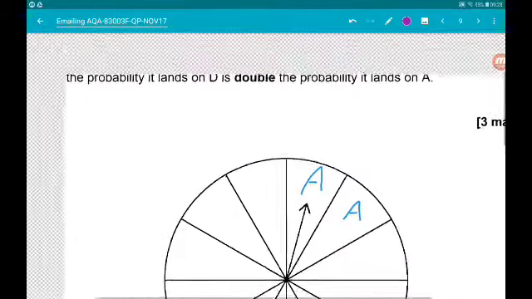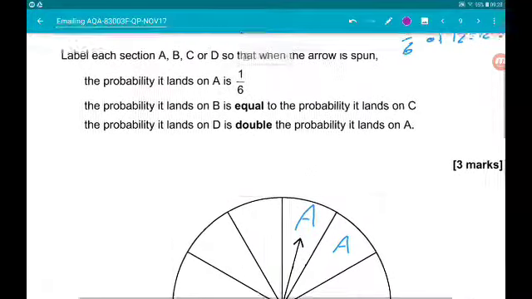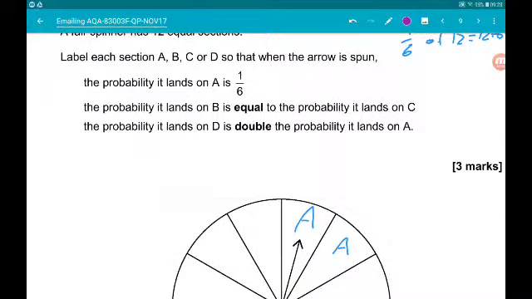Okay, now B and C aren't really useful to us at the moment. We know their probabilities are equal, but what that means is they have the same number of sections, but the problem is we don't know that number yet.